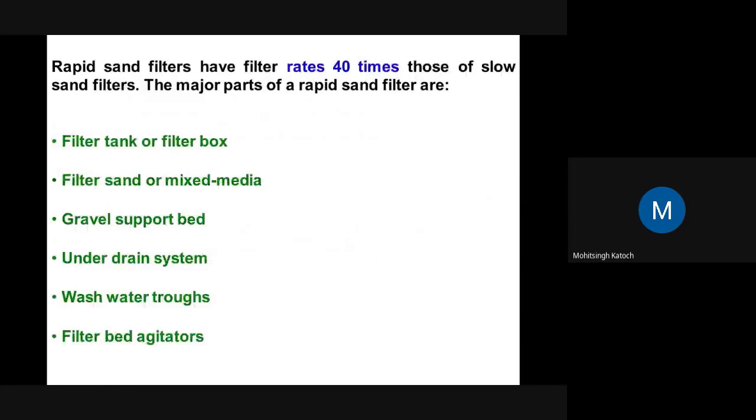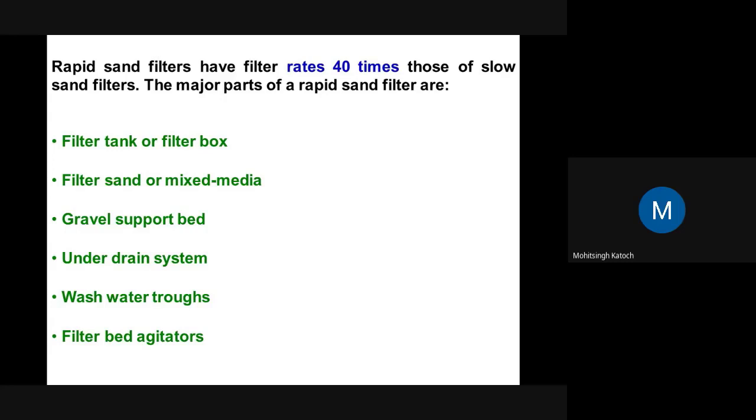It is outdated technology, and we now adopt rapid sand filters in every water treatment plant. Rapid sand filters have filter rates of around 40 times those of slow sand filters. I already told you 100 and 3000. There is a very major difference in the rate of filtration.